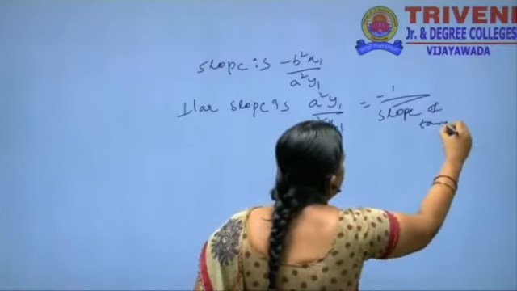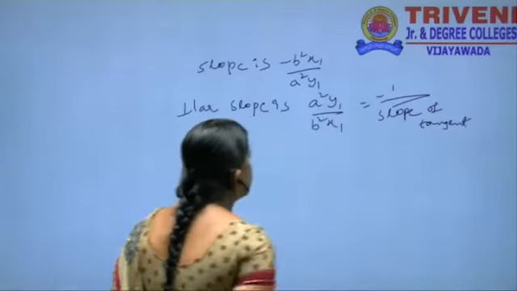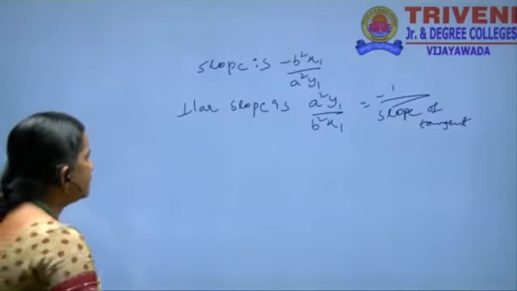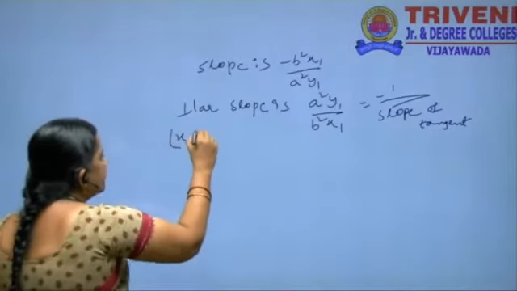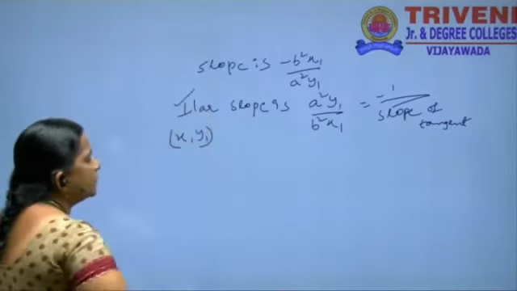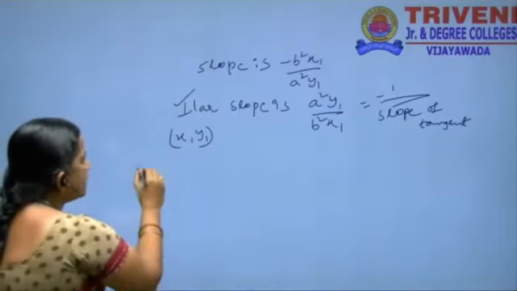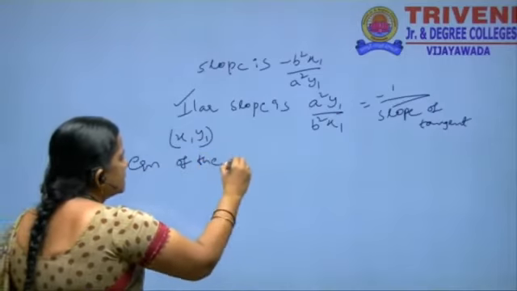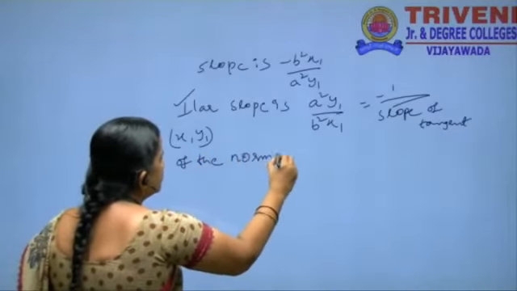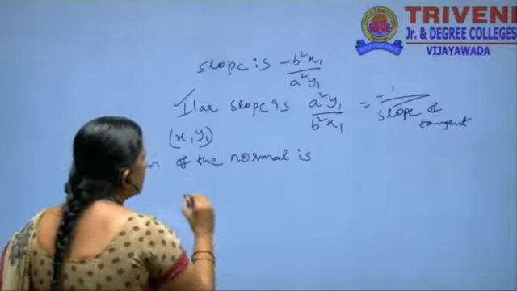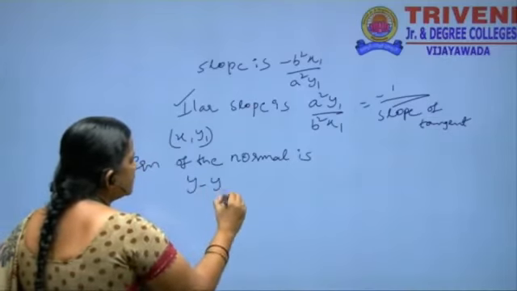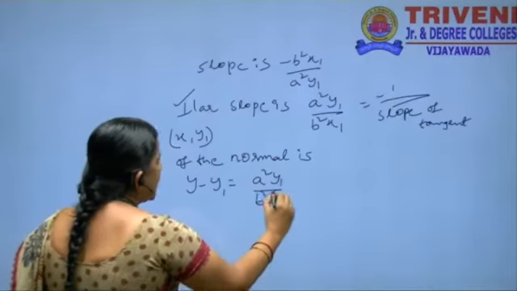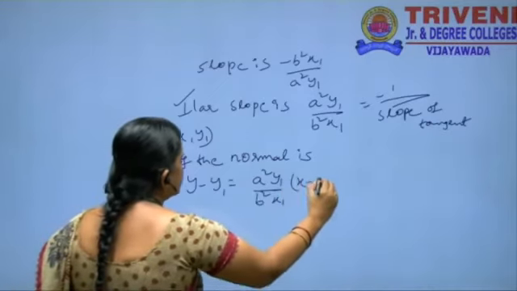Then we know the point x1, y1 and the slope. Then the equation of the normal is y minus y1 is equal to m into x minus x1.